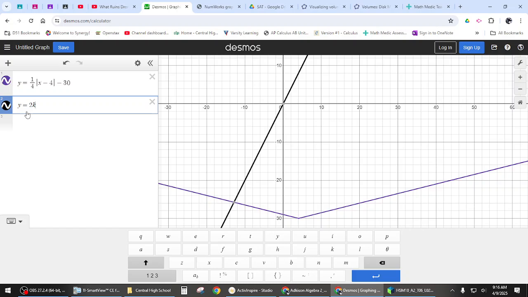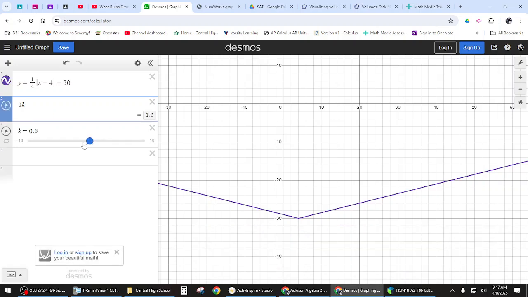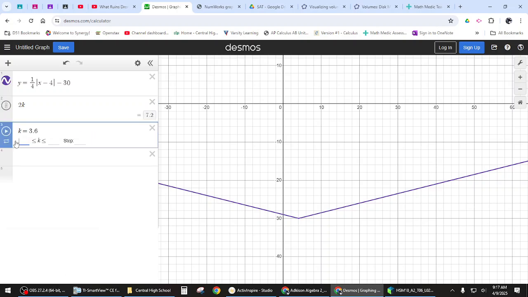Usually it defaults to letting you do a slider. If you don't have the y equals, then you'll get a slider option. So if you just put 2k, that's good to know. If you just click it, add a slider for k. Now you can slide k to different values. And you can edit the values if you click on them.